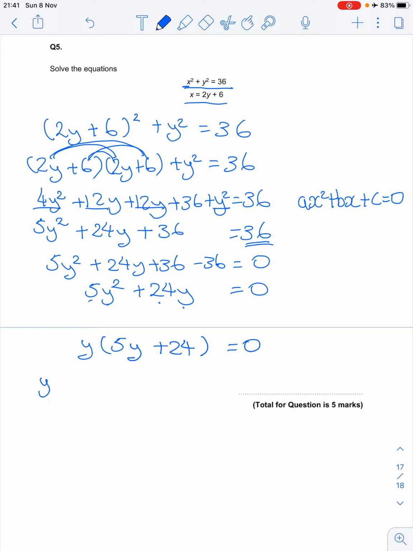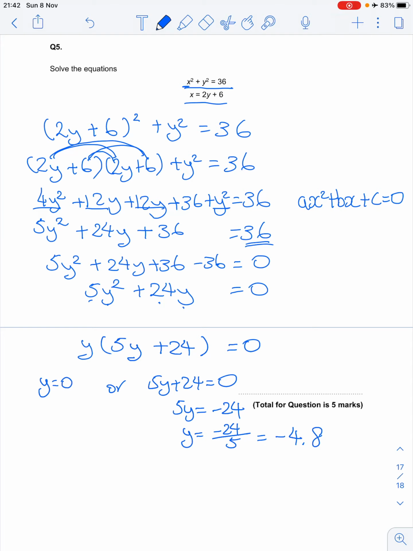So this means y equals 0, or 5y plus 24 equals 0. So I have 5y equals minus 24, y equals minus 24 divided by 5, which equals minus 4.8.